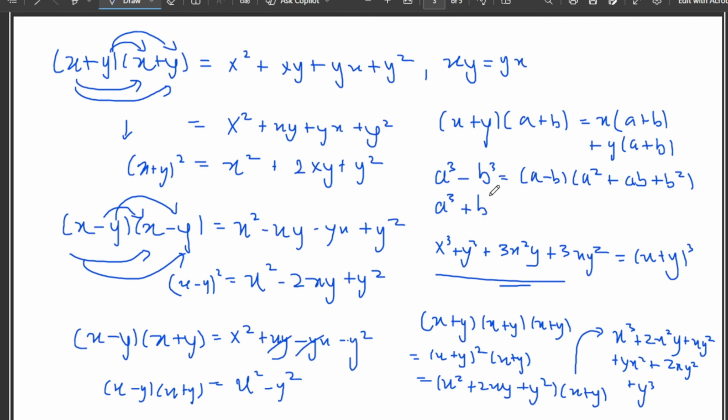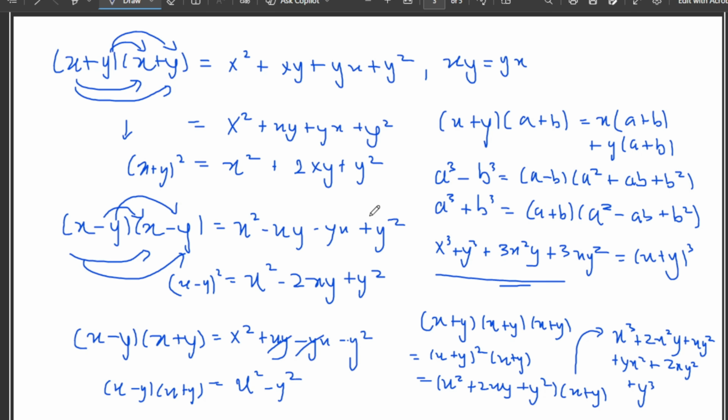The addition will be a plus b times a squared minus ab plus b squared. Okay, that's for the formulas. So you can substitute x and y. Also this one. So that's how you distribute things, and then do the FOIL method. This is the FOIL method, and this is if you distribute it this way.